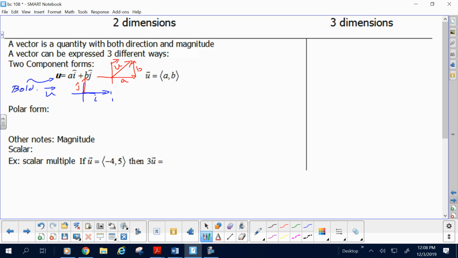Instead of i hat, j hat to designate horizontal movement, you'll see these pointy brackets. Anytime you see these, they are vectors. You will sometimes see, instead of a and b, i hat, j hat, and k hat. That's three-dimensional, sorry. k hat is the third dimension vector if you go there. Okay?